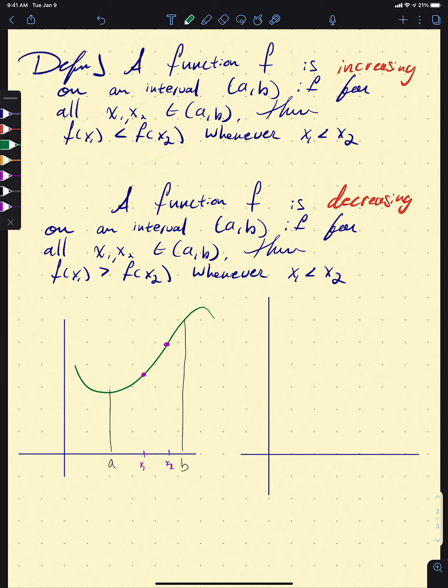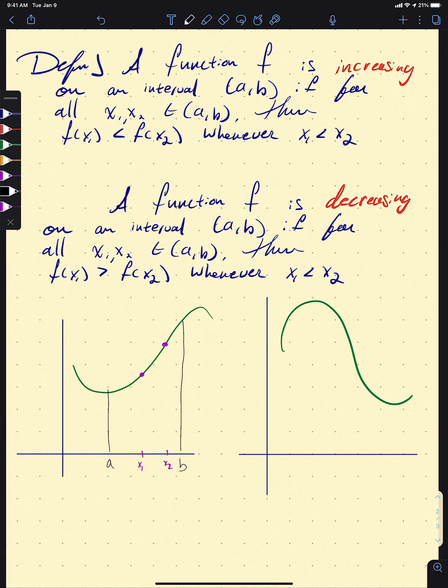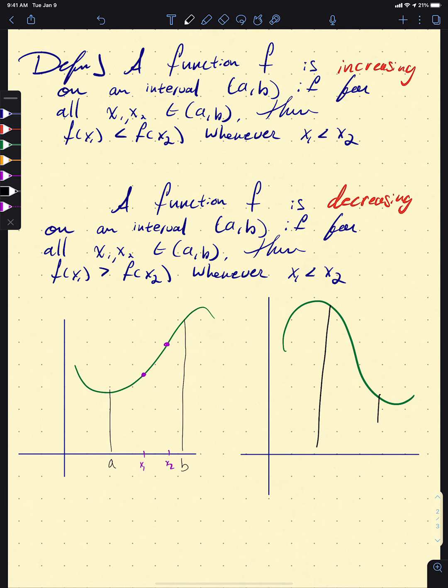And the exact same story can be told right here, with A, B, and then x1, x2. So here we're talking about a function increasing or decreasing on an interval, okay?